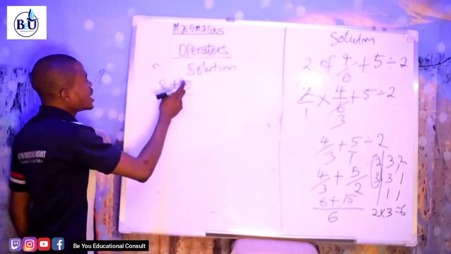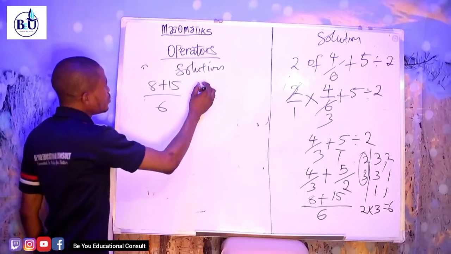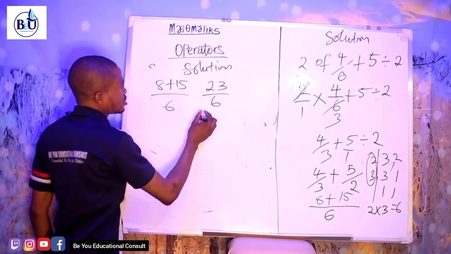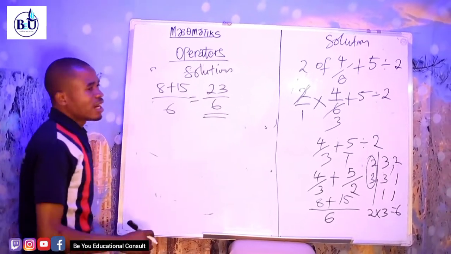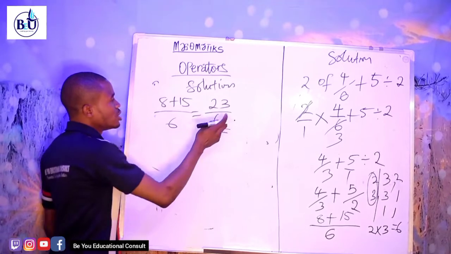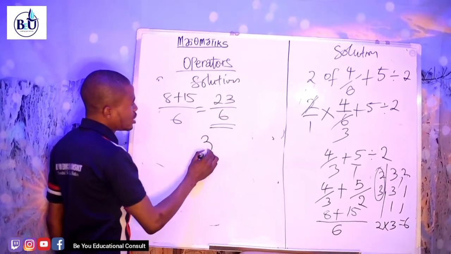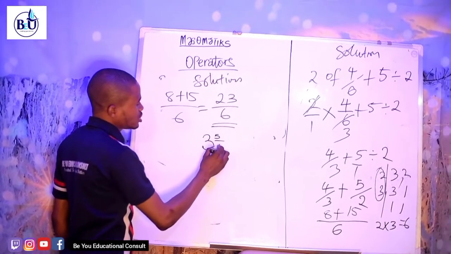With this, 8 plus 15 will give you 23 over 6. So this becomes the final answer. 23 divided by 6 will give you 3 whole number 5 over 6. I'm going to put it in fraction.